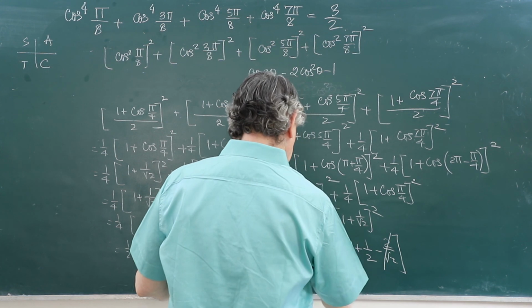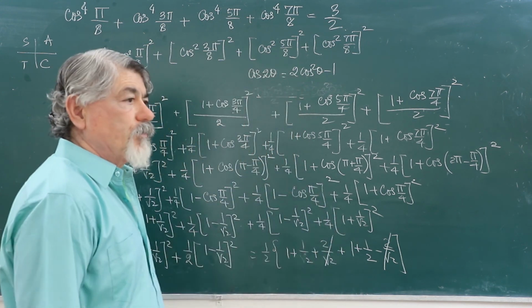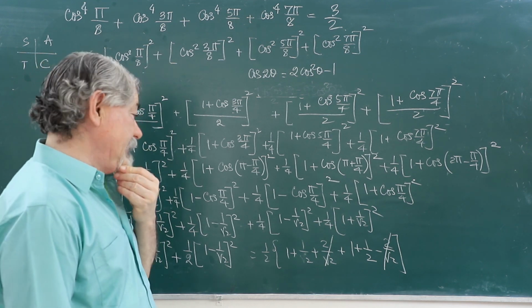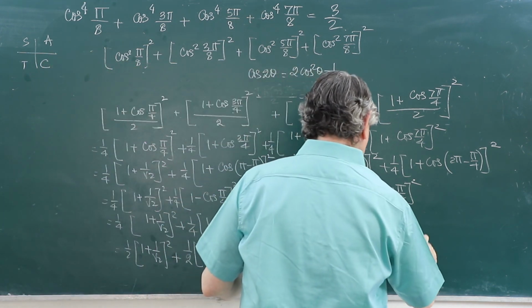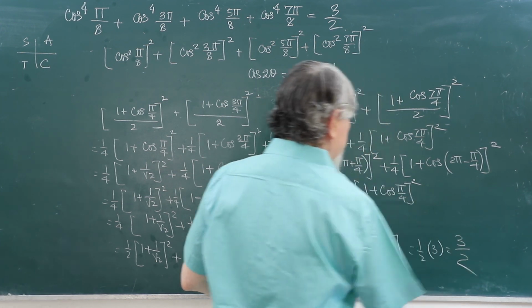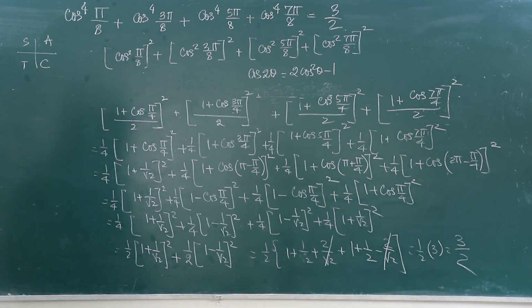This will cancel. 1 plus 1/2 is 3/2. 3/2 plus 3/2 will be 3. It will be 1/2 times 3. So the answer becomes 3/2.